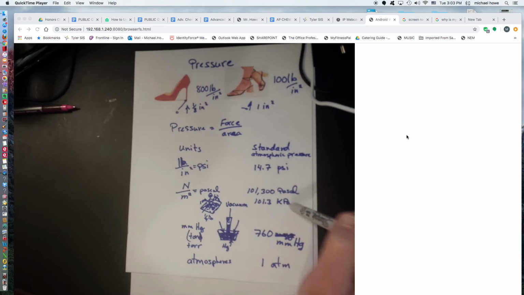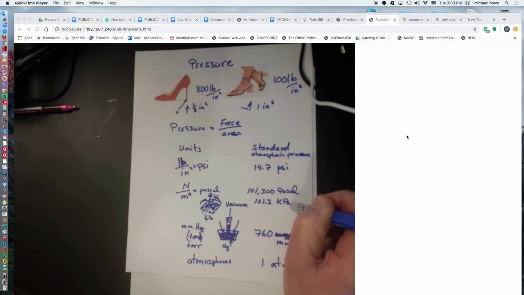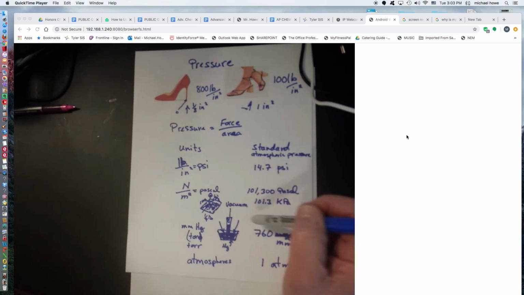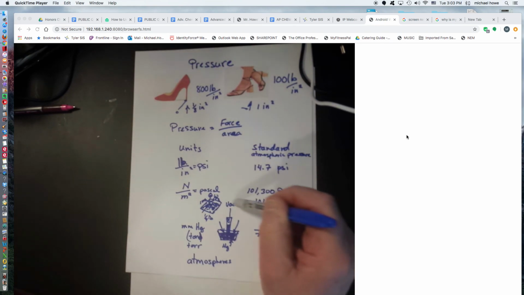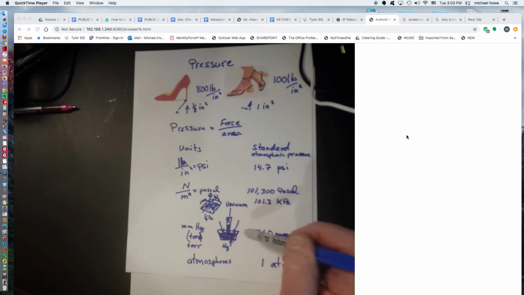And the normal atmospheric pressure in kilopascals is 101.3. Remember, 1 kilopascal was this one 250-pound guy standing on this square meter. So the atmosphere has 101 of these 250-pound guys standing on the square meter. So quite a lot.